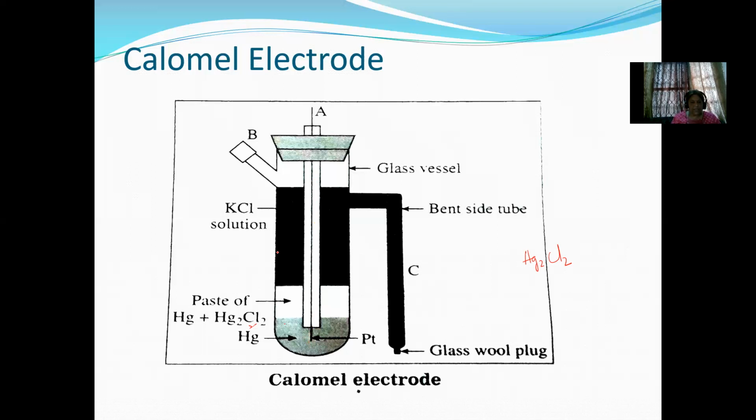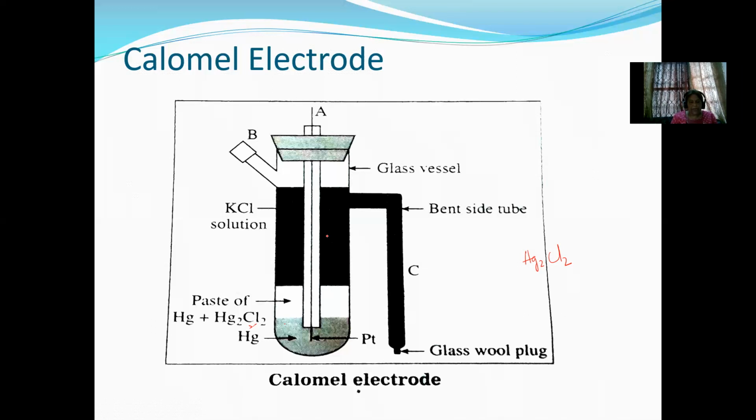So the entire construction of the Calomel electrode is like this. Now remember, this is a reference electrode. All the reference electrodes are single electrodes. With this single electrode, you cannot do anything. You have to join this electrode with any other electrode to make a complete cell.